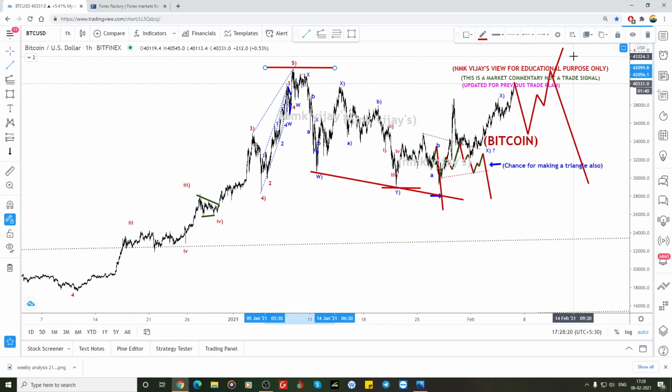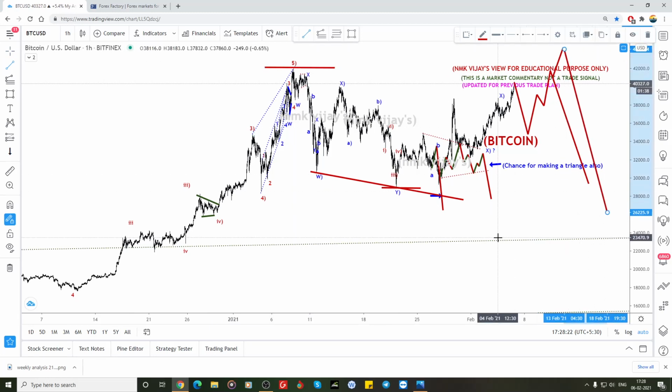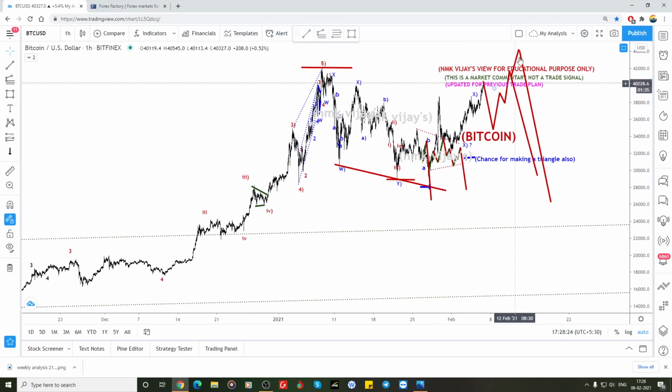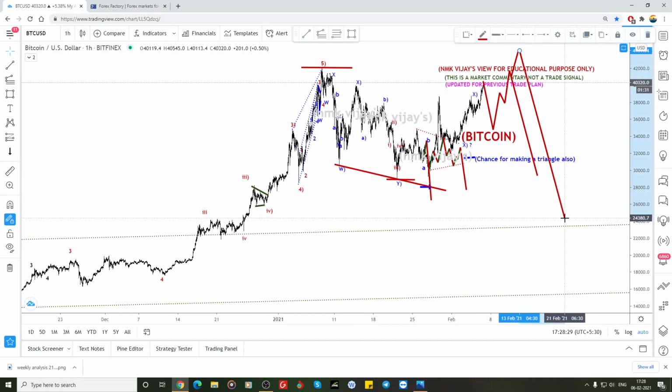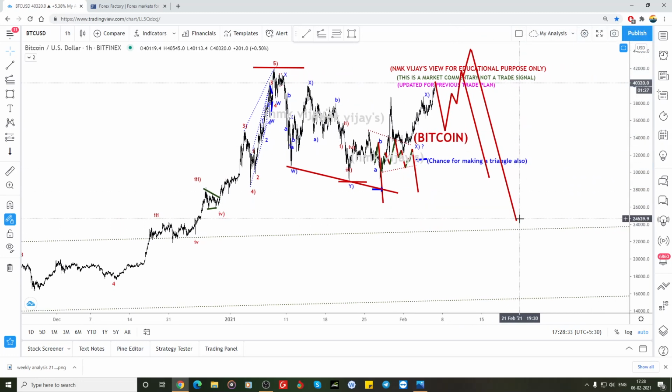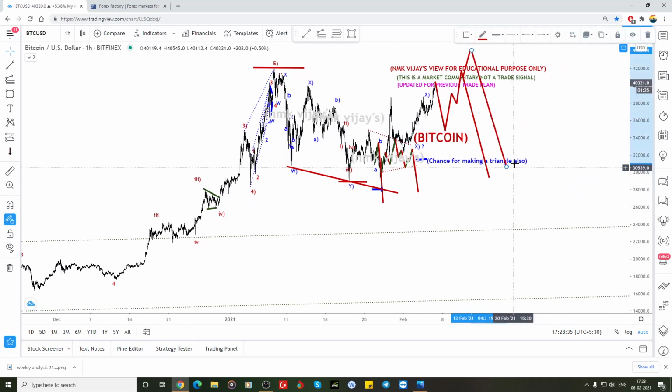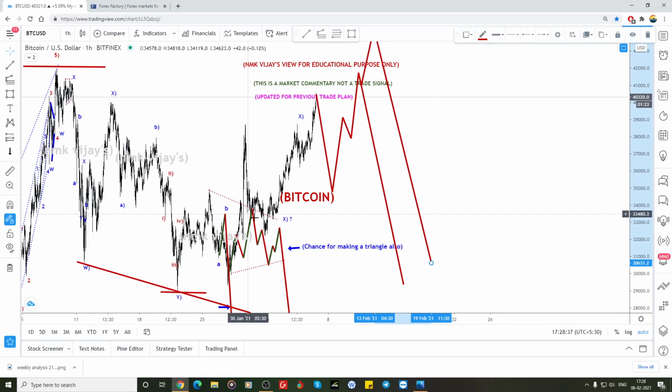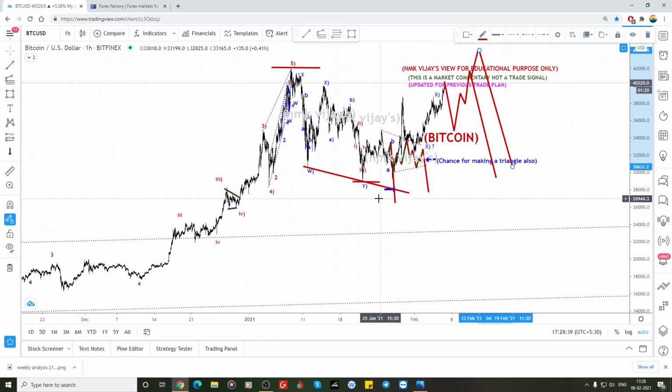It will take all the stop losses and immediately it can drop. After the three-wave structure is completed, immediately it will drop. So that could be an expanded flat, or it could be a running flat, and then again it can go above. So here only one more low is possible if it doesn't break this high.